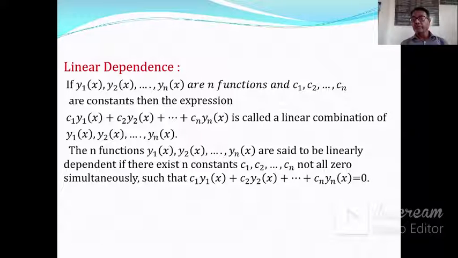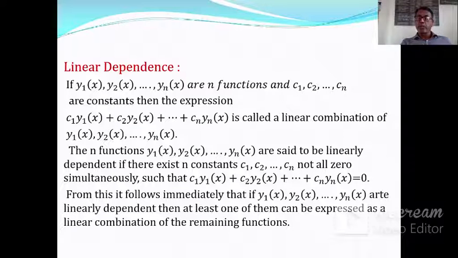If from this equation all these constants are 0, that is c1 is 0, c2 is 0, ..., cn is 0, then we can say that these n functions are linearly independent. And if at least one constant is non-zero, then we can say that these functions are linearly dependent. We will also see this definition by using the Wronskian.